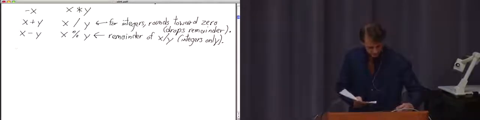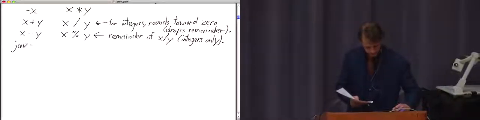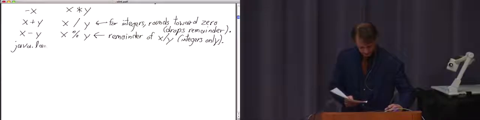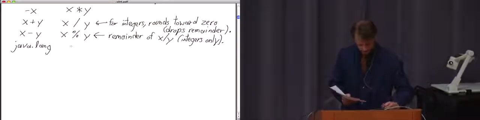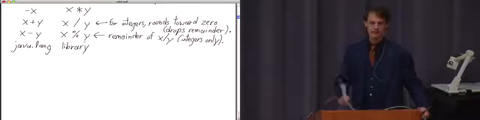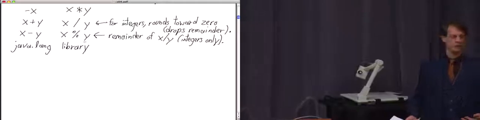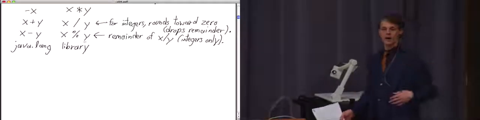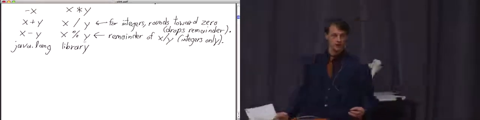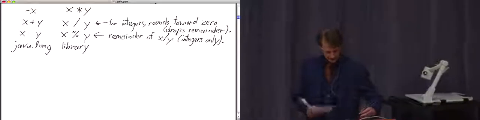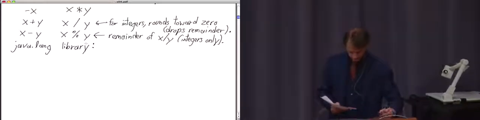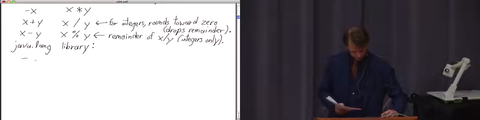And I should say a few words about what is in the library. So there is a library called java.lang, which is the library that every program you write, every Java program, automatically imports without you having to specify it explicitly. And in that library, you have lots of interesting operations.